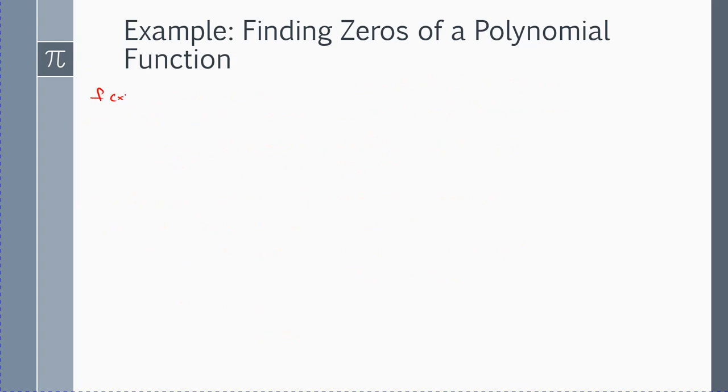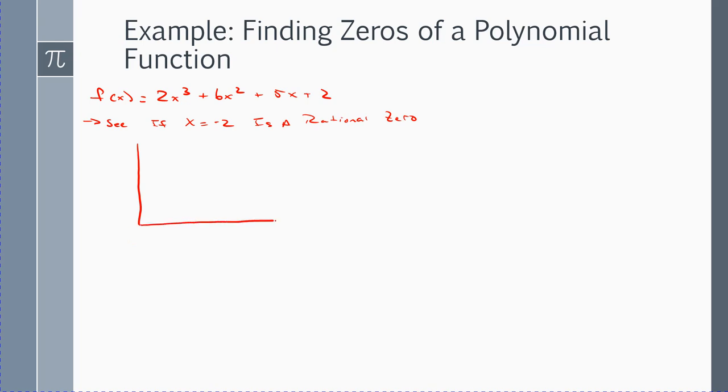So again, my function was f of x is equal to 2x cubed plus 6x squared plus 5x plus 2. Let's see if x is equal to -2 is a rational 0. So you're going to have to do the synthetic division.